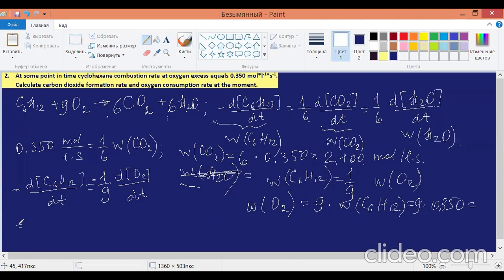So 9 times 0.35, so 3.150 moles per liter per second. So these are the answers. That's it. Thank you.